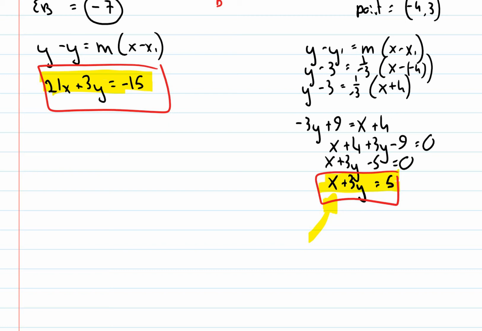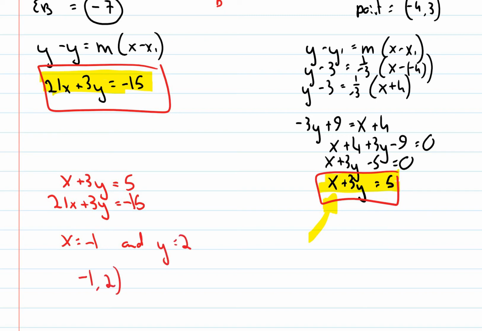How do I find out where these two lines cross? Yep, simultaneous equations. And I'm not going to do it for you. You should be able to do simultaneous equations. You should get an answer of x equals minus 1 and y equals 2, which means the orthocentre point is that. Okay.